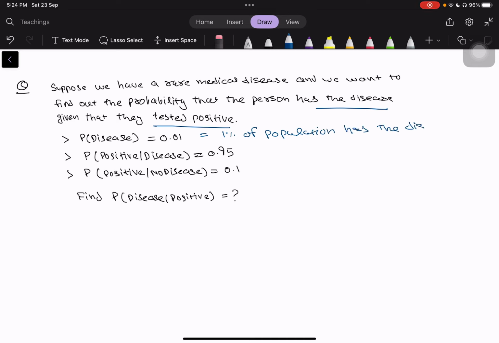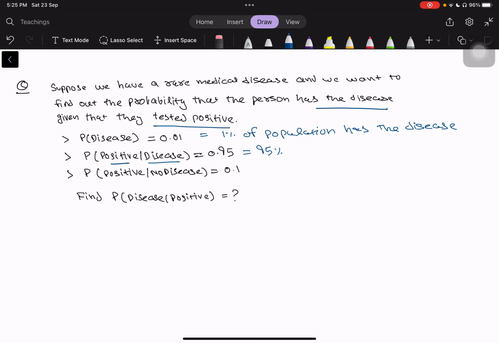Forgive me for my handwriting. It's very bad. And then we have probability that a person gets tested positive given that they have the disease is 0.95. That means 95%. The person has the disease and they are getting tested positive is 95%.